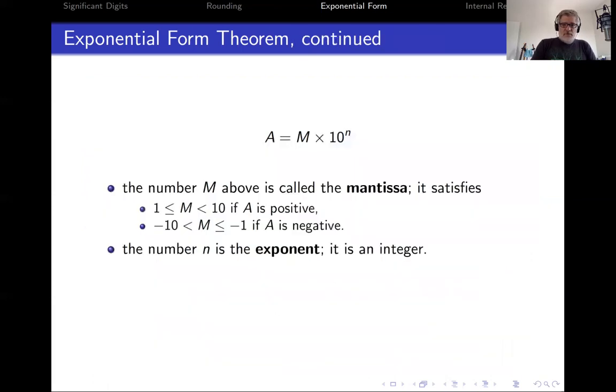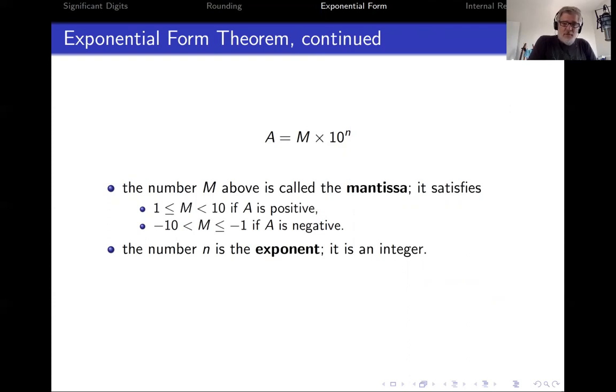Let's define a few terms here. If you write your number a in normalized exponential form, then the number m is called the mantissa, and the little n is called the exponent. Of course, it's an integer.